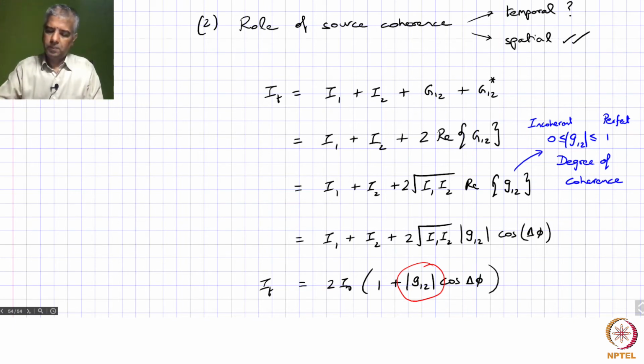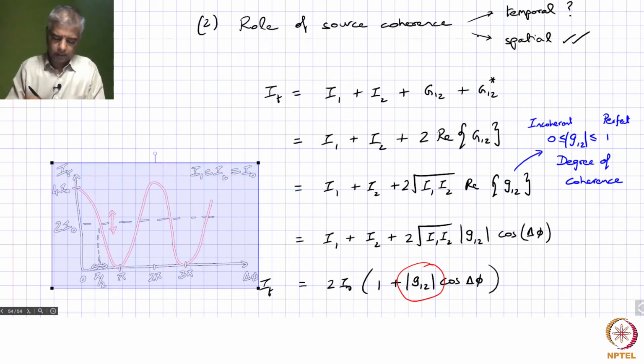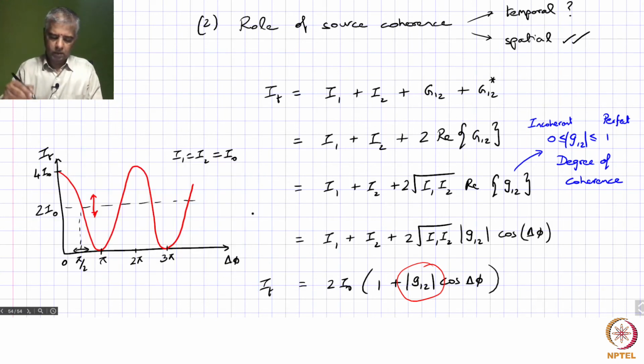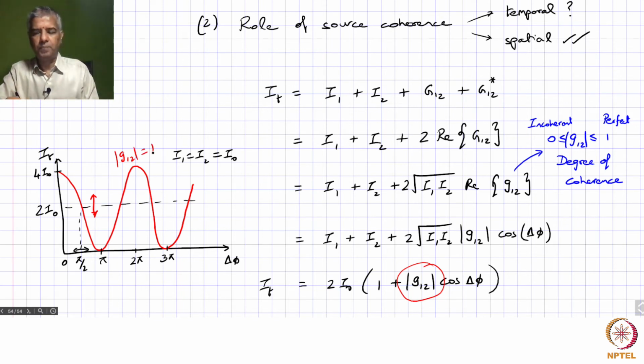Okay, so let us see what is the effect of that. Previously we were assuming that the magnitude of g12 equals 1.